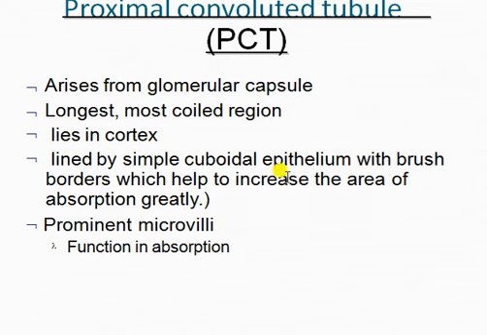The border is brush-like because of folds, which increase the surface area and absorption. These are prominent microvilli that function in absorption. The same microvilli structures present in the proximal convoluted tubules can also be observed in the small intestine.